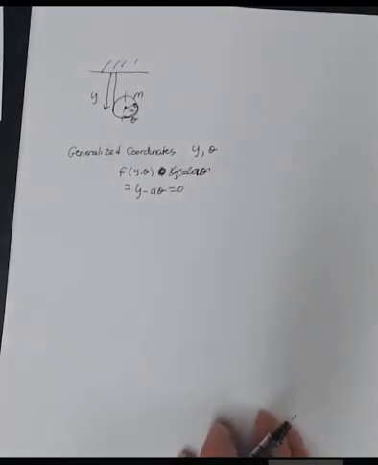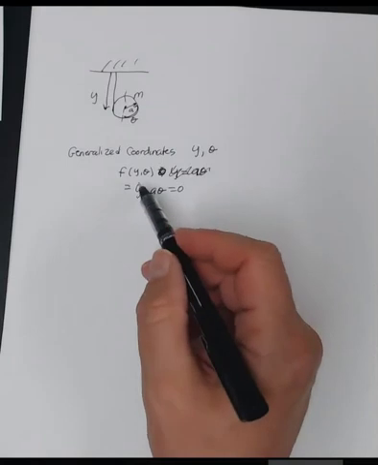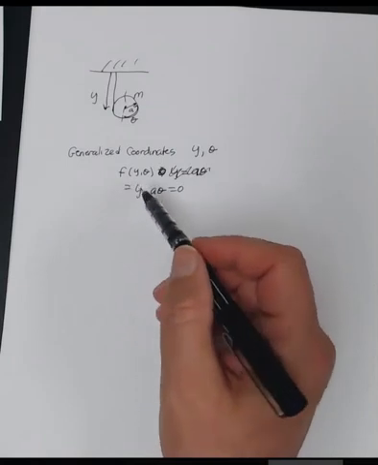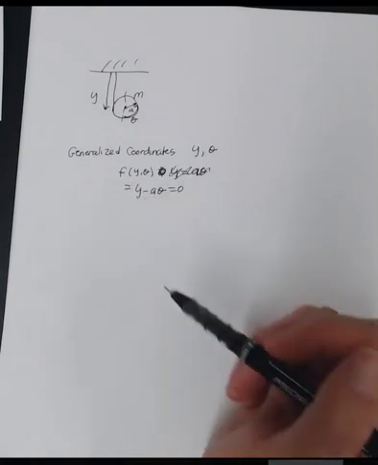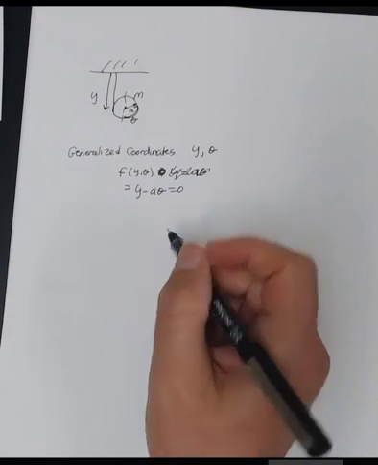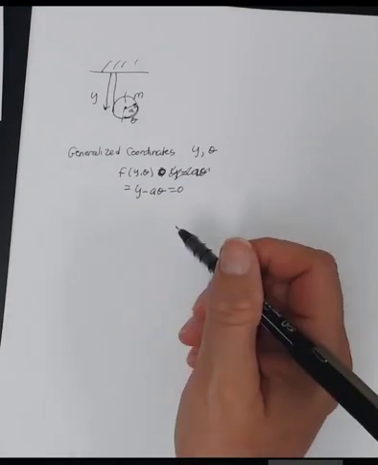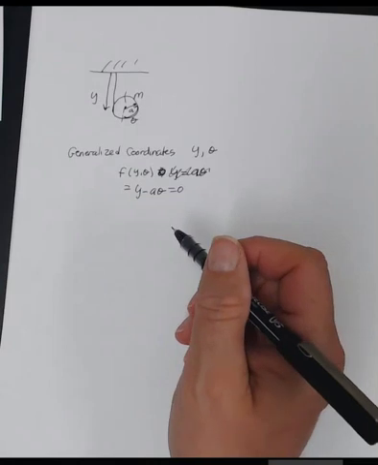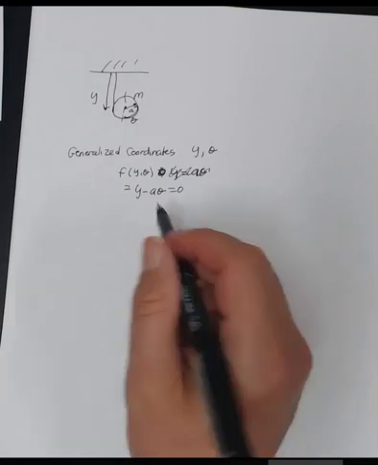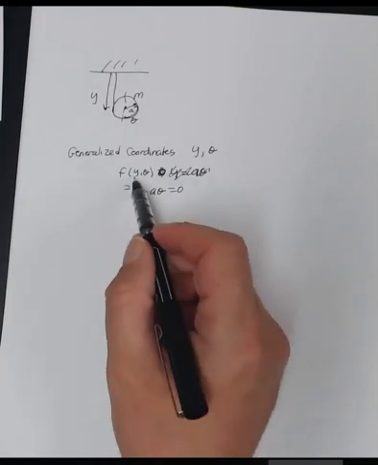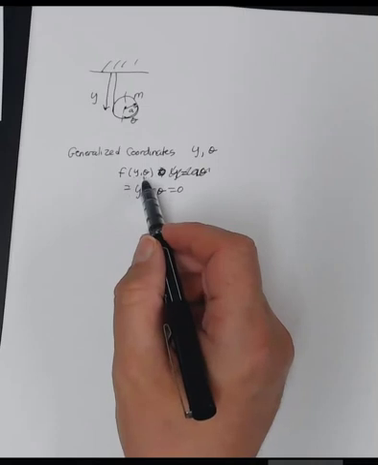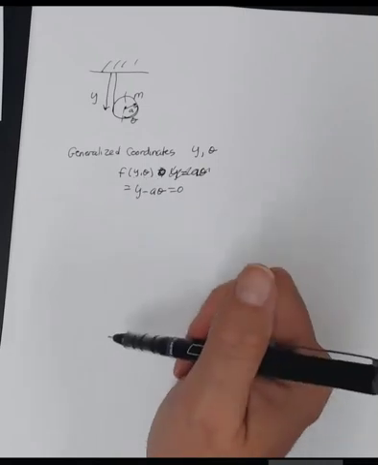Okay? So we have two generalized coordinates, one equation of constraint. So what will our generalized force be? It will be the tension in this string, or it will be the torque. If we find the generalized force for y, it'll be a tension in the string, and the generalized force for theta will be a torque.